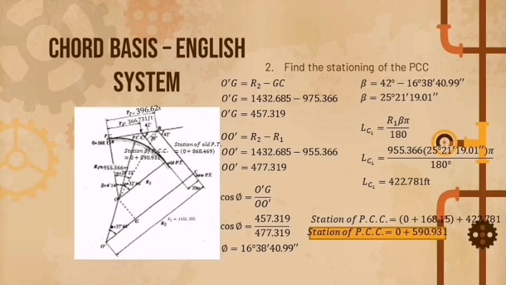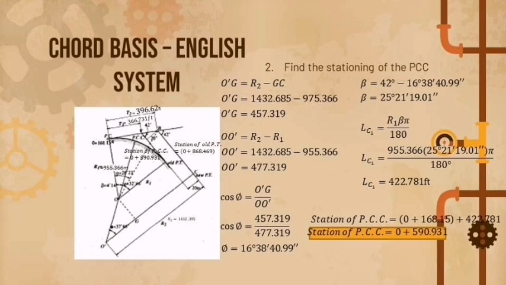And for the OO is minus the value of radius 2 and the radius 1, which is the 1432.685 and the 955.366, and we will get the value of 477.319.